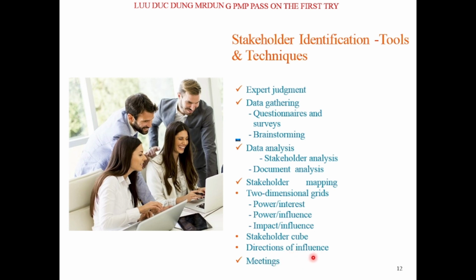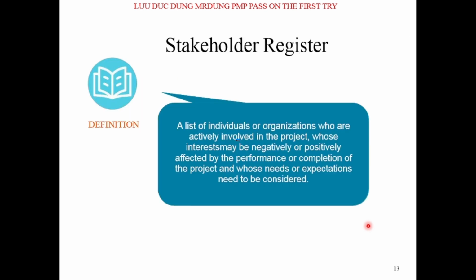Stakeholder cube, decision of influences, and very important for communication is meetings. Very important. We have to set the meeting during the project to catch up on the ideas or comments of the team member.